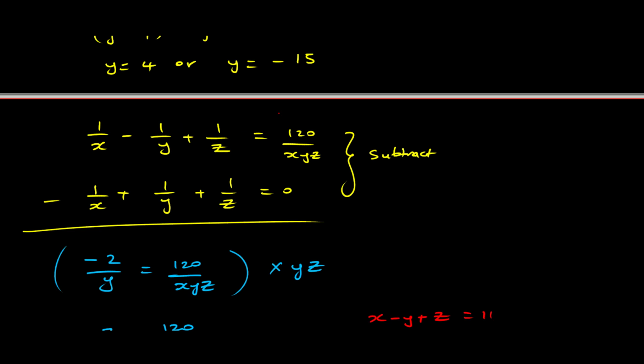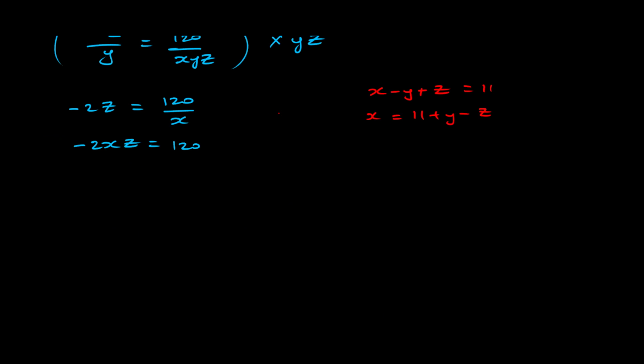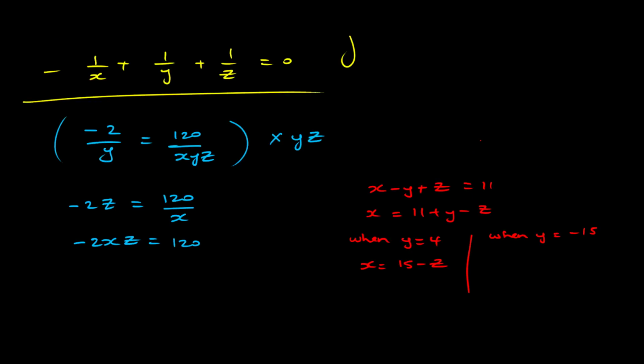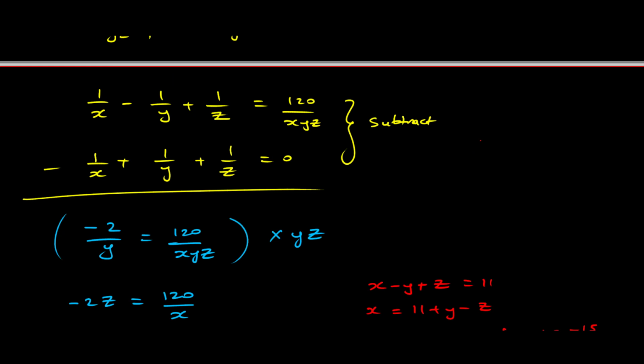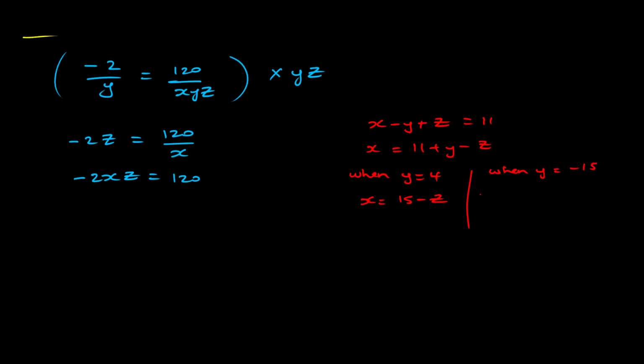So we have that y is equal to 4 or negative 15. So when y is equal to 4, x is equal to 15 minus z, and when y is equal to negative 15, x is equal to negative 4 minus z.